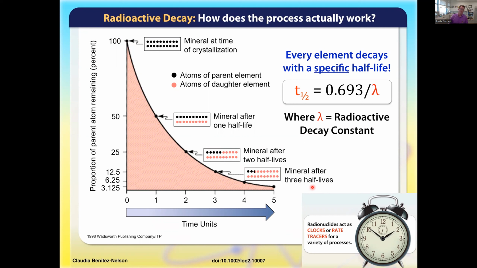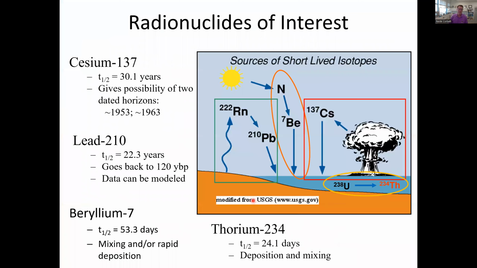Knowing that and understanding the physics associated with radioactive decay, we can then apply this clock to processes that we want to understand, right? So how these things decay through time, how much is left, we can apply this then to things like processes of interest with the radionuclides that we want to use.